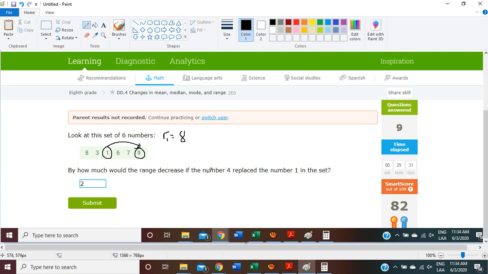But now it says that the number 4 is going to replace number 1. So it is not going to be a 1, it is going to be a 4. So now the lowest number is 3. So from 3 to 9, which is the highest number, R2 is 6. So the difference between these two numbers is 2. Okay, so we have a decrease of 2.